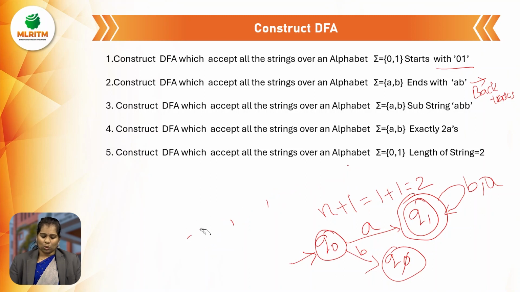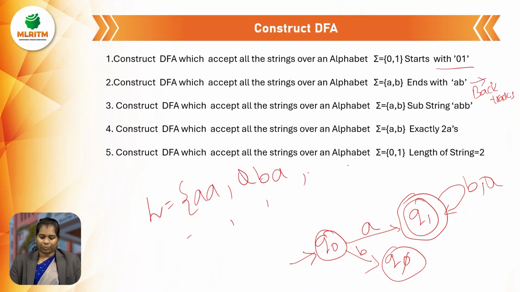It requires exactly 2 A's. So exactly 2 A's means the language is AA, ABA, ABBA and so on.